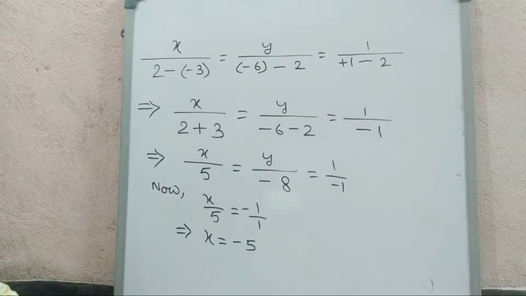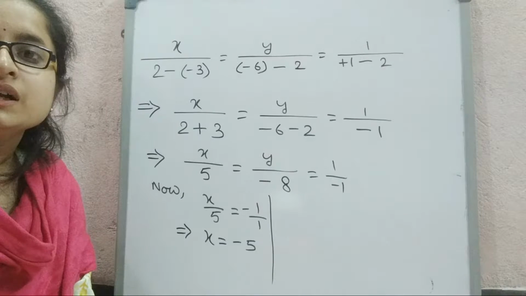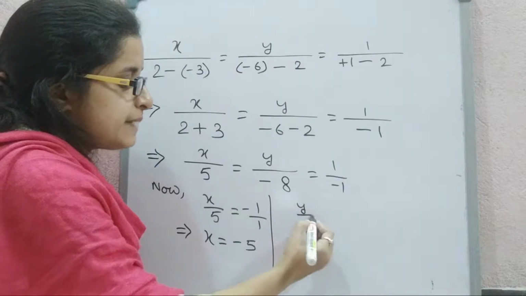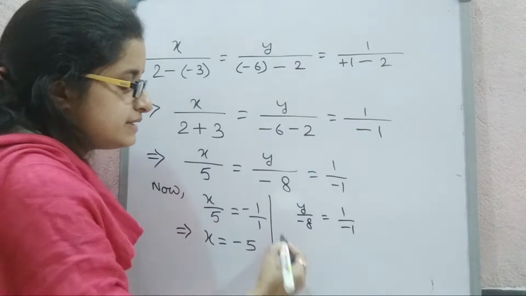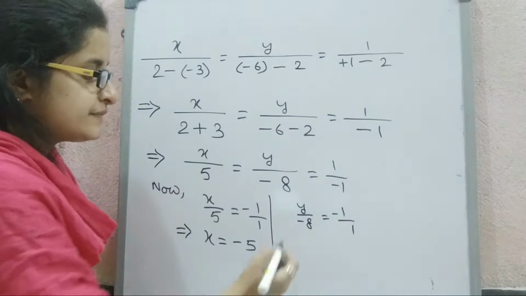Check the answer. x is equal to minus 5. Now we have to find out y. y by minus 8 is equal to 1 by minus 1, that we can write as minus 1 by 1.